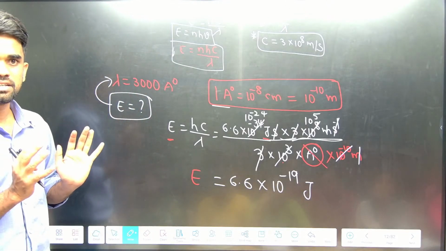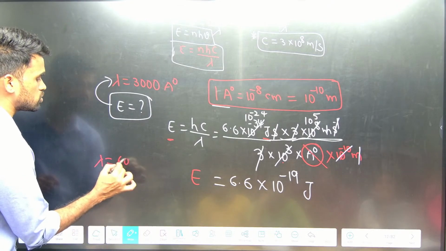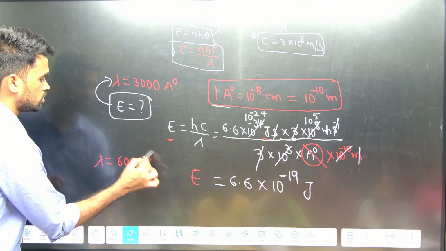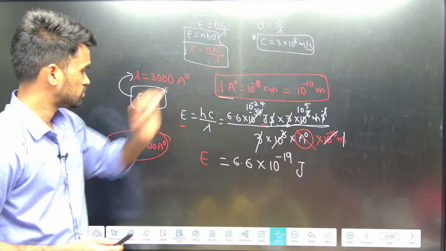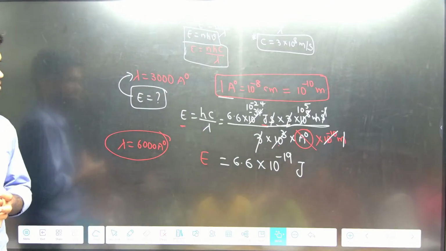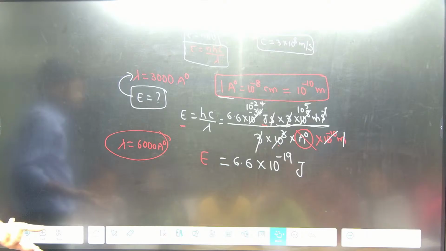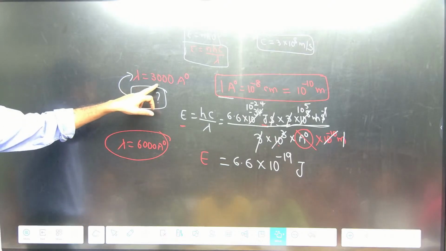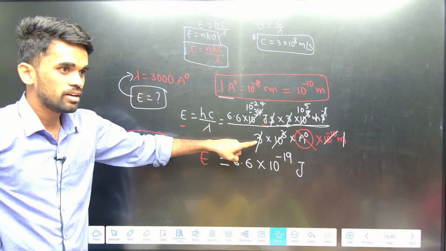Everyone got this? So can you do the same thing when I give lambda equal to 6000 angstroms? Fast, please. It's very easy. Here I said 3000, now I am saying 6000.